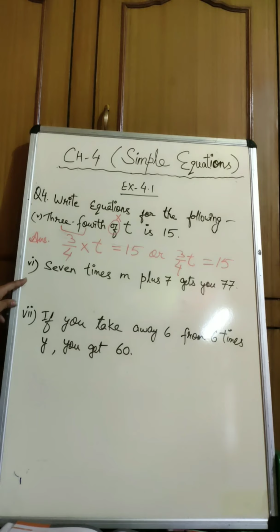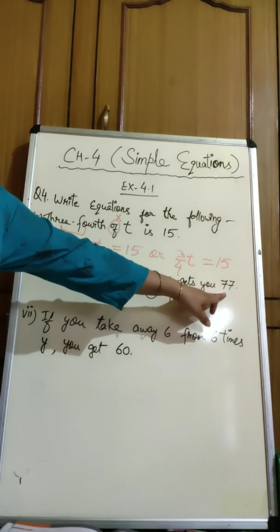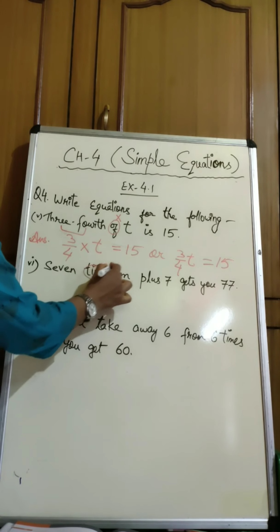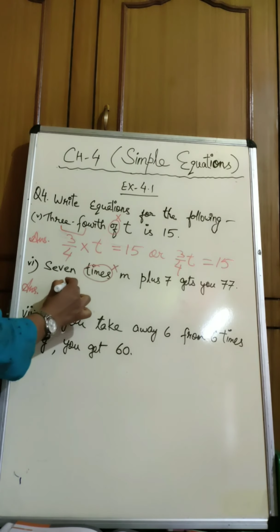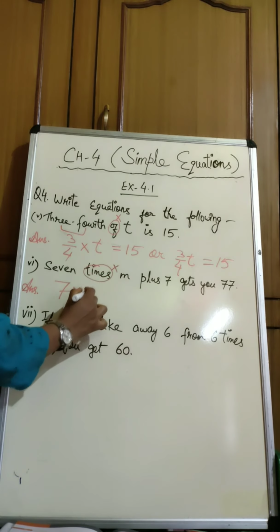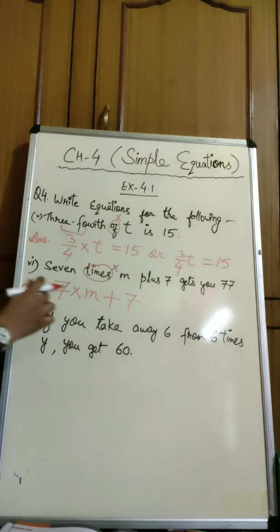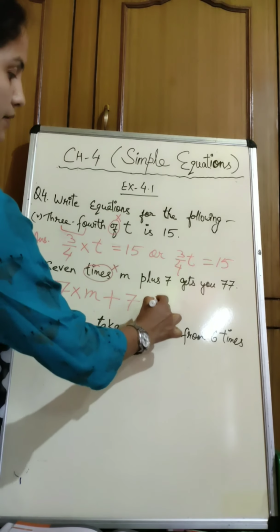Now number 6: 7 times m plus 7 gets you 77. Times means into. So what will you write? 7 times means 7 into m, plus 7, gets you means equal to how much? 77.